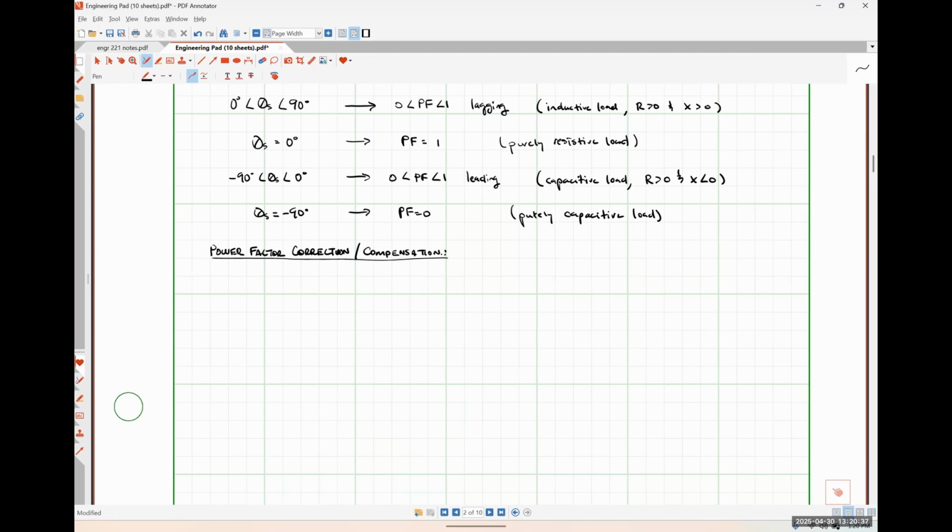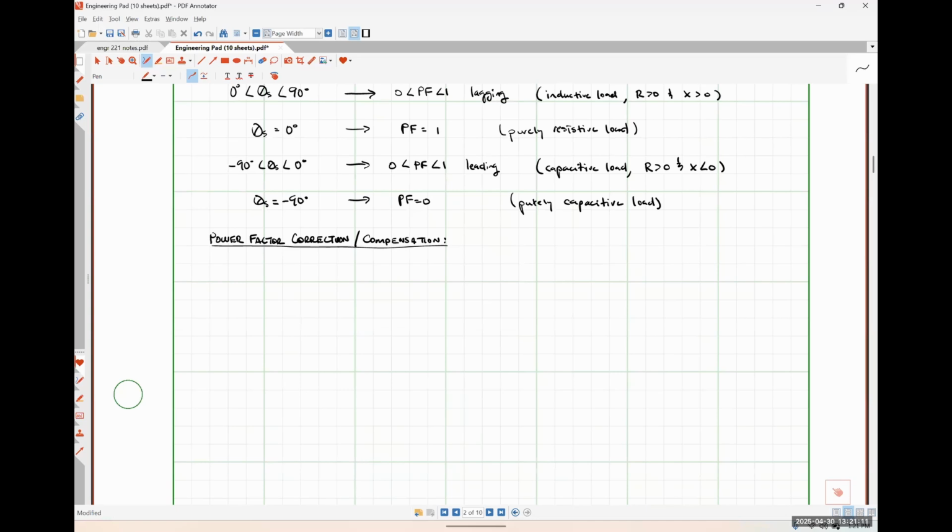That is largely because while there are capacitive loads that do exist, and there are ways to correct power factor for capacitive loads, those methods typically deal with what are called thyristor valves, and we are not anywhere close to being able to understand how that works. So we are going to limit our discussion here to correcting inductive loads, because we can do that pretty simply by just adding capacitance into our system.